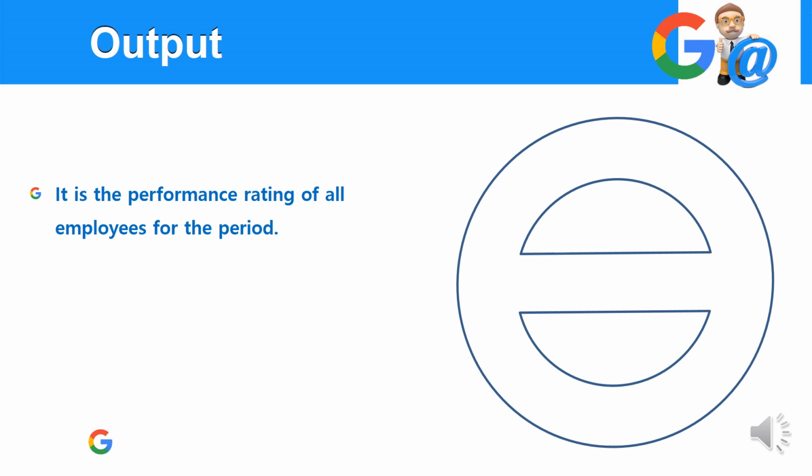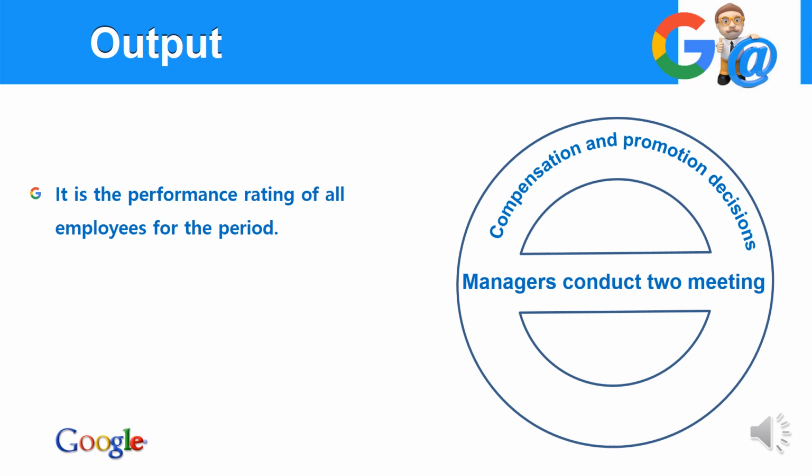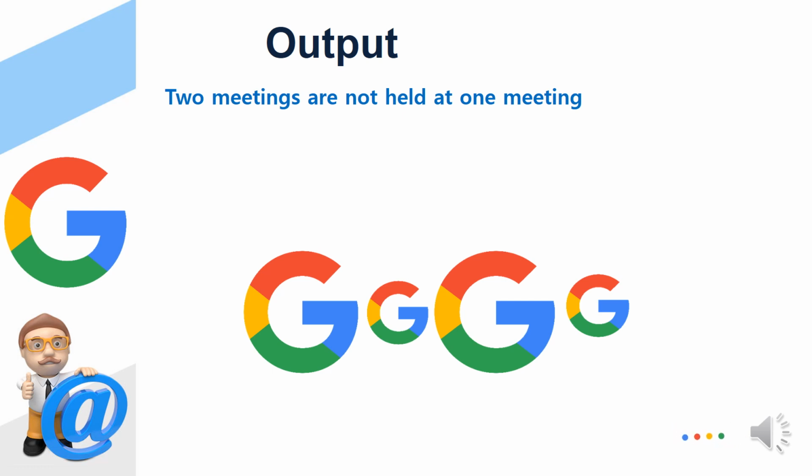And the final stage is output. It is a performance rating of all employees for the period, and the output is evaluated by conducting two meetings by the manager. One is on compensation and promotion decisions, and the other is on feedback. The two meetings will not be held on the same day.